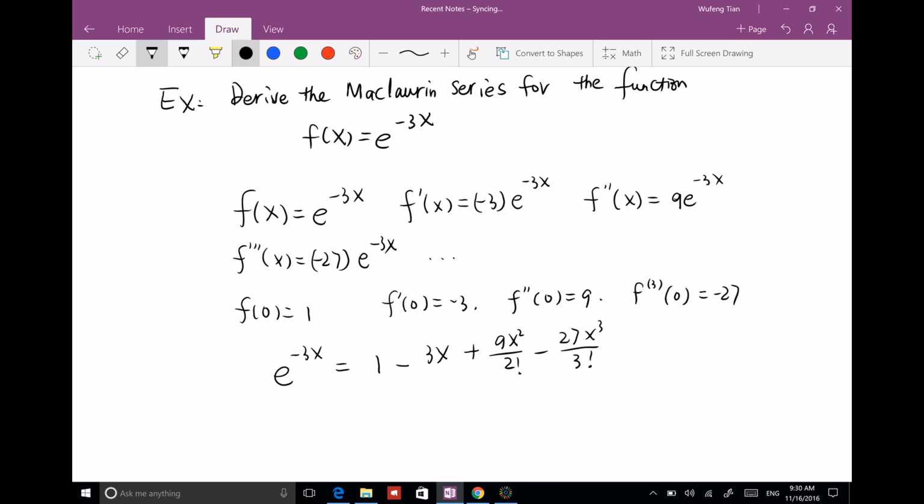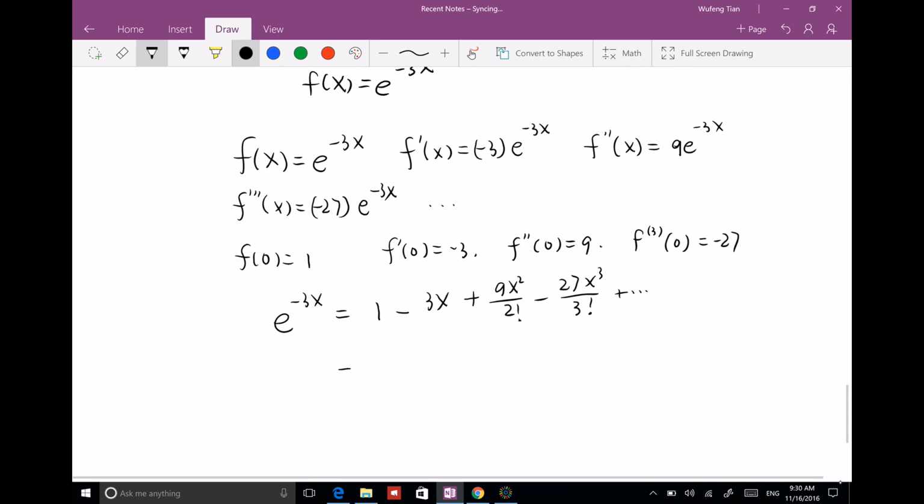And so that pattern is the series from n equals 0 to infinity of (negative 3) to the power n times x to the power n, all over n factorial. Perfect. Very good job. Thank you very much, Jasper.